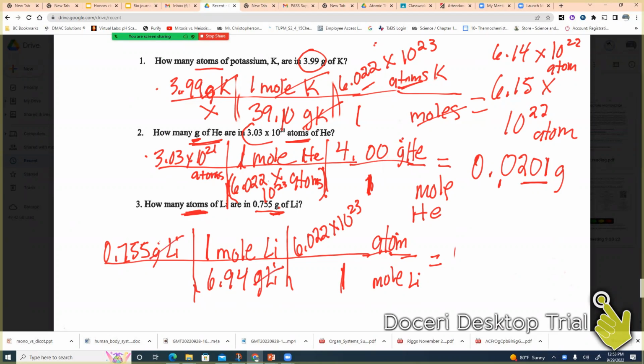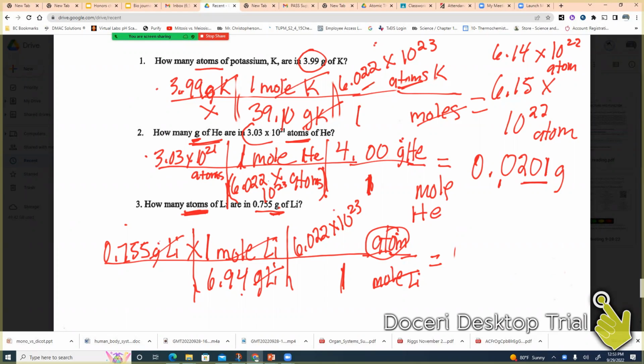And then if you do a quick check with your units, you can see everything cancels out except for atoms, which is what I wanted, because that's what I'm trying to solve for. So at this point, you're going to multiply 0.755 times Avogadro's number. And I don't think you have to put it in parentheses if it's multiplication. And then come back and divide by 6.94.